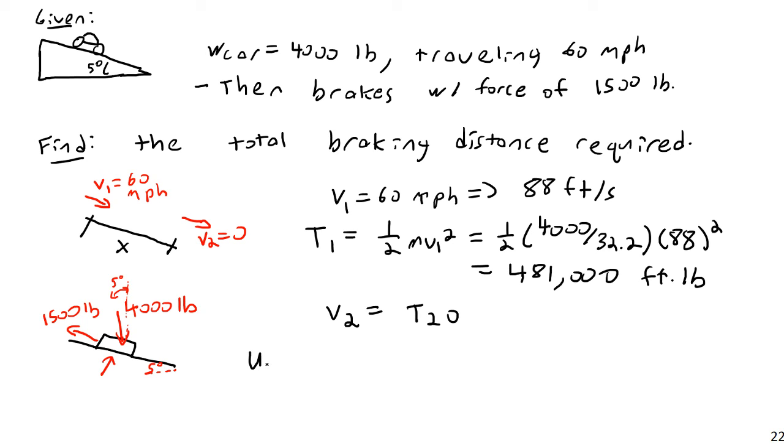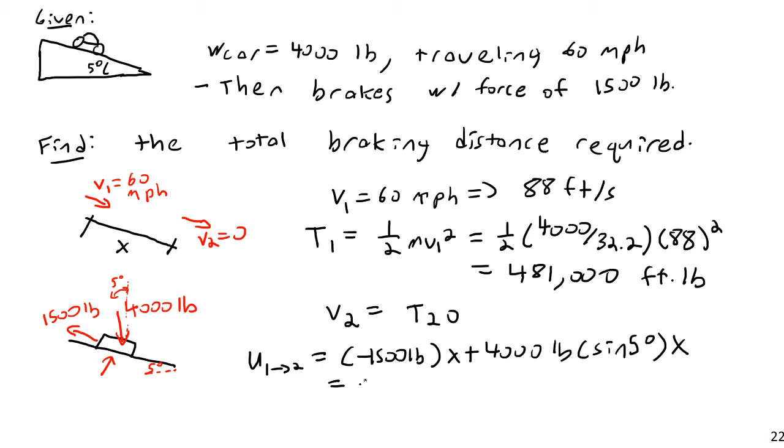So the work from 1 to 2, U1-2, will be equal to negative 1,500 pounds times x plus 4,000 pounds times the sine of 5 degrees times x, which will equal negative 1,151 pounds times x. All right, continuing on.